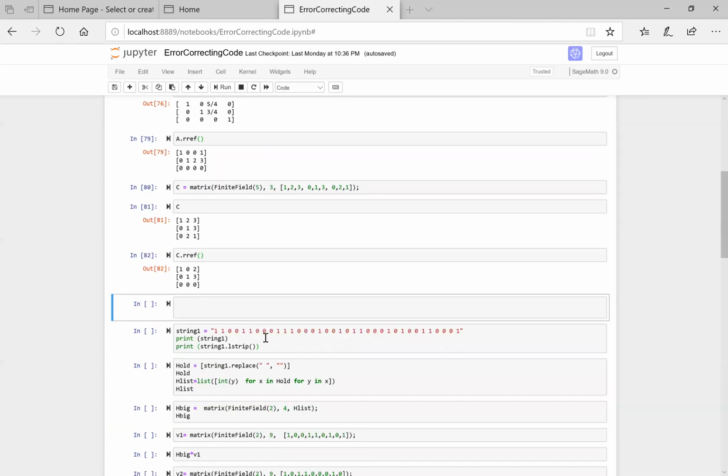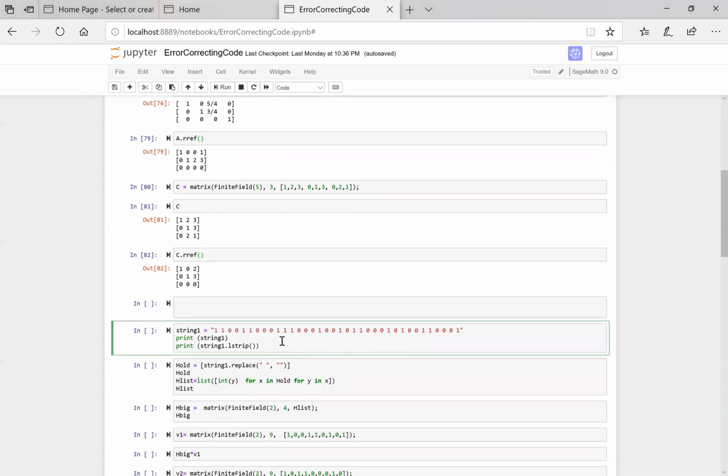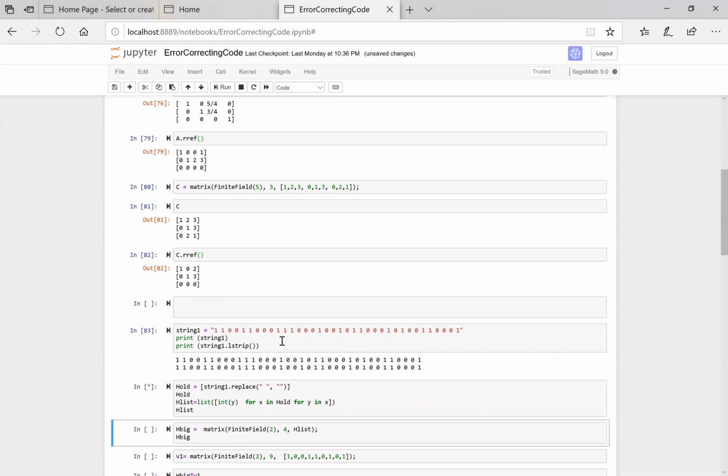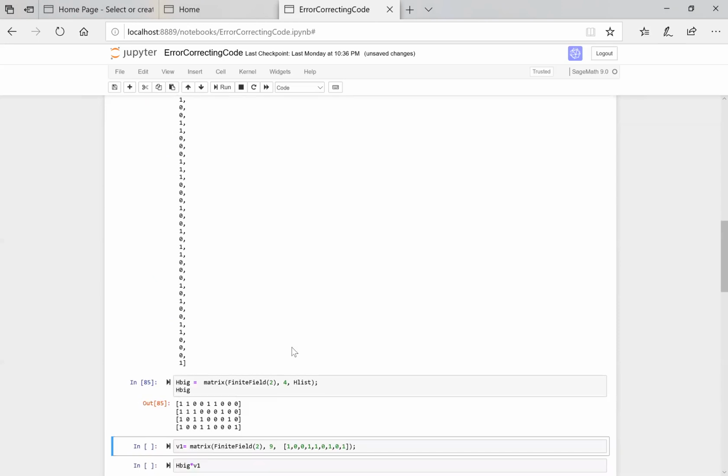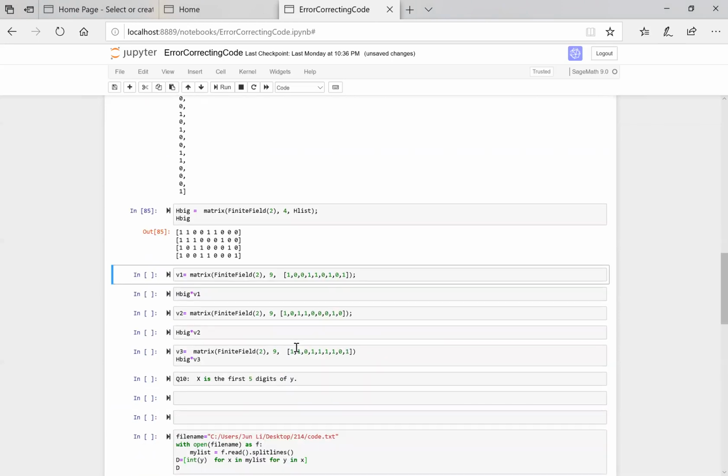First of all, those several cells are basically generating an H matrix. So that's our H big matrix, copied from the product file.